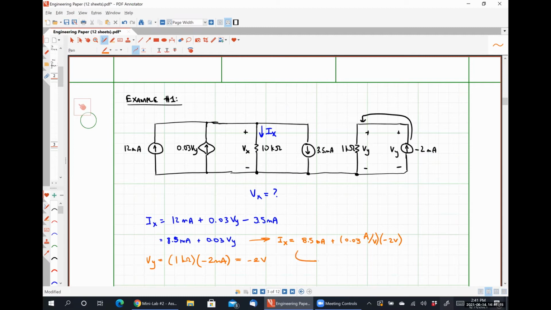So Ix is going to be 8.5 milliamps minus 60 milliamps, which gives us negative 51.5 milliamps.